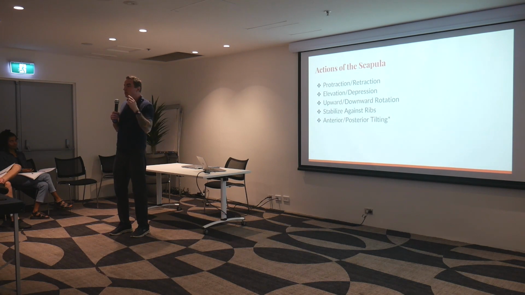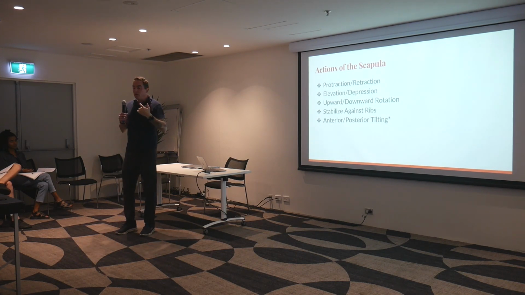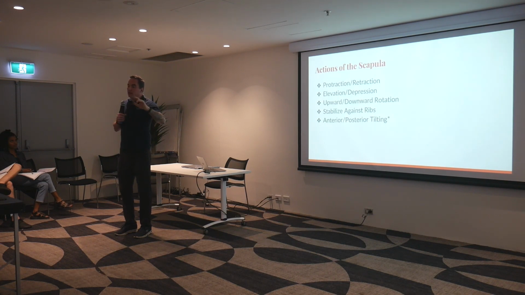The scapular stabilizers contract together to stabilize the scapula against the ribs. It's primarily going to be your rhomboid and serratus anterior and the levator scapulae that all engage together to stabilize the scapula solidly against the rib cage. If you think about it, serratus anterior does upward rotation and protraction, and then rhomboid does downward rotation and retraction, so they're complete antagonists to each other.